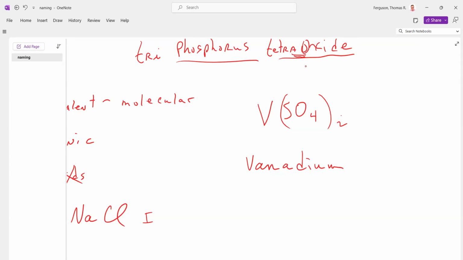We don't know yet. There's only one version of sulfate. What's the charge on sulfate? -2. And we have two of them, so what is that? -4. And we have one vanadium to balance out the -4. So which vanadium are we going to use? The vanadium 4, because it's a +4, exactly.